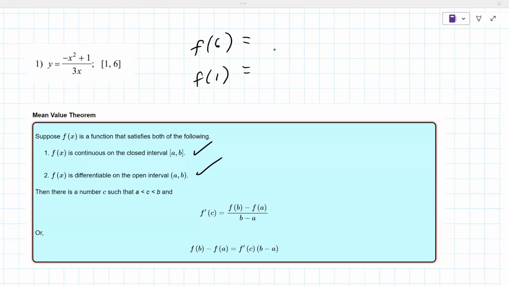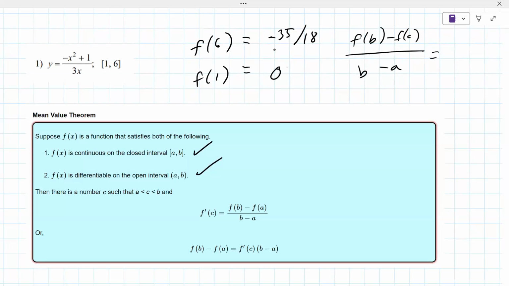Negative 35 over 18. Okay, and f of 1 is negative 2. Oh, wait. Hold on. 0. Okay, so you have to do this average rate of change, f of b minus f of a over b minus a.